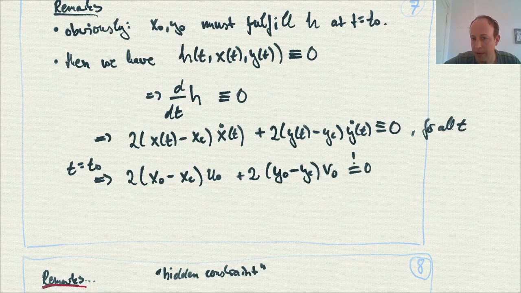This should be 0 as well, and this then gives a condition on the u0.